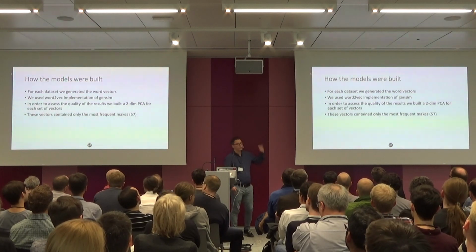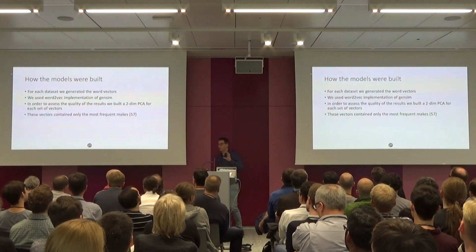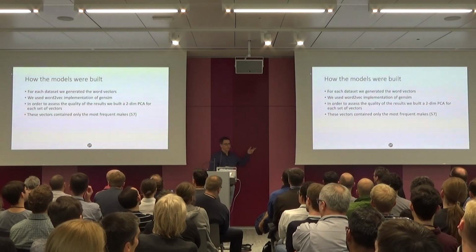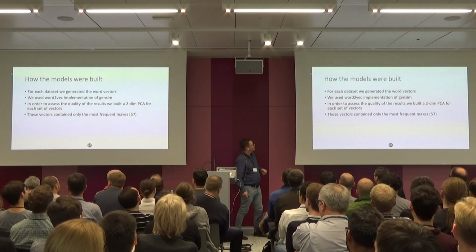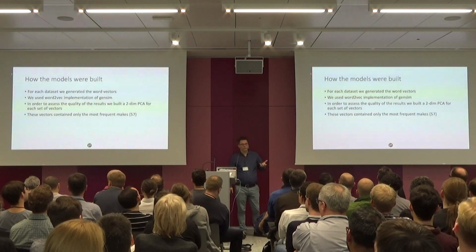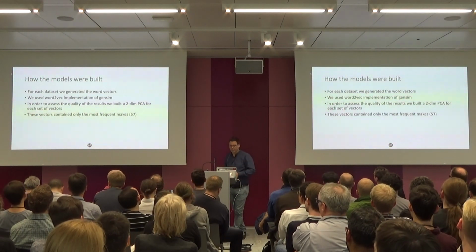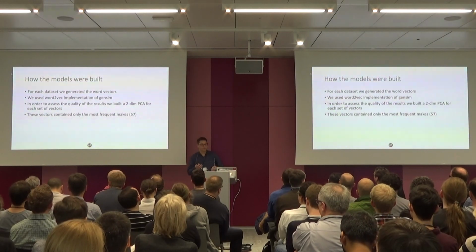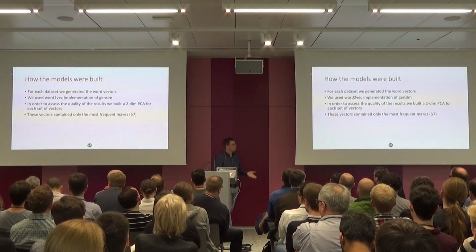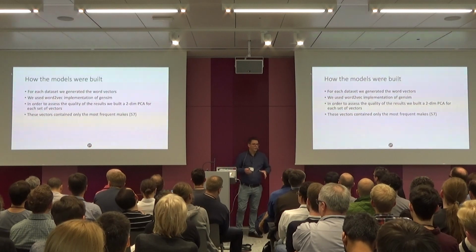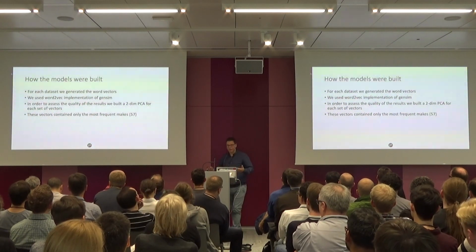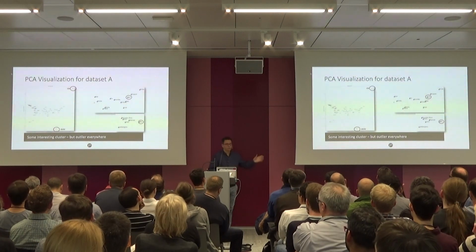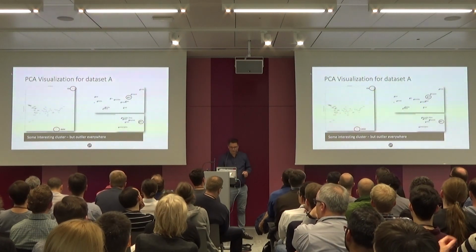Then, of course, I trained word vectors for each of the data sets using the word2vec implementation of Gensim, which is also in Python. And in order to assess the quality and have a first glance at the results, I simply extracted the vectors of the most frequent makes, which are 57, and then created a PCA from these vectors in order to have a look at it. I will show you here the results for each of the data sets.